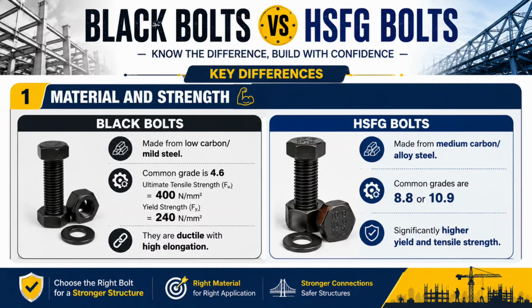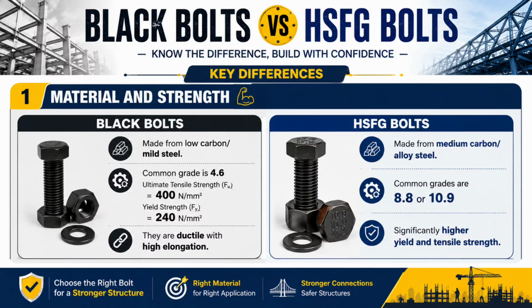So in this picture, you can observe the key differences between black bolts and HSFG bolts based on material and strength. Black bolts are usually made up of low carbon or mild steel, whereas HSFG bolts are made from medium carbon or alloy steel. Coming to the grade of the bolts, black bolts are usually 4.6 grade, where the ultimate tensile strength is 400 Newton per millimeter square and yield strength is 240 Newton per millimeter square.